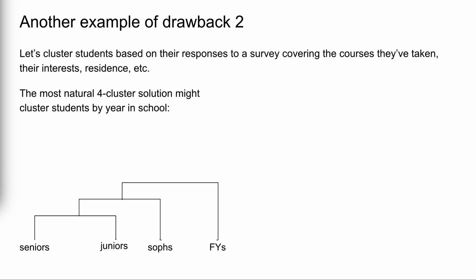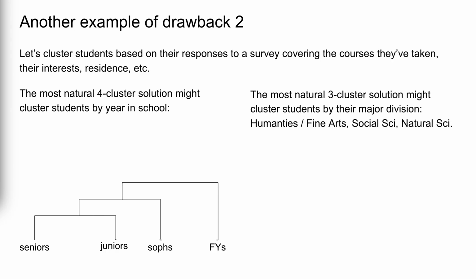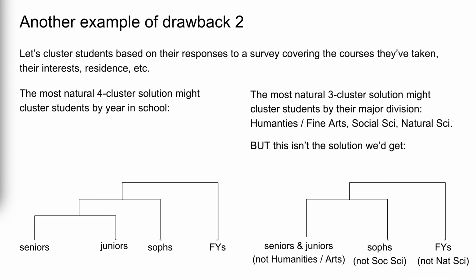Then the most natural 4-cluster solution might largely cluster students by year in school: first years, sophomores, juniors, seniors. And the most natural 3-cluster solution might tend to cluster students into the academic division of their major: humanities and fine arts, social sciences, and natural sciences. But this isn't the solution we'd get. Moving up the dendrogram, the 3-cluster solution has 3 groups: seniors and juniors together, then sophomores, and first years.